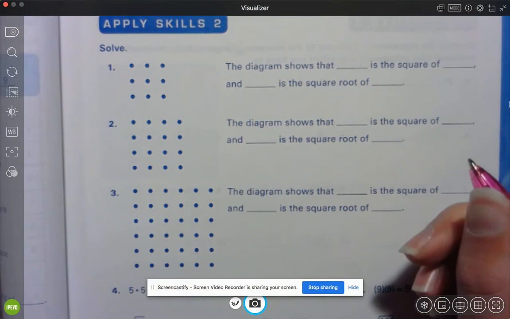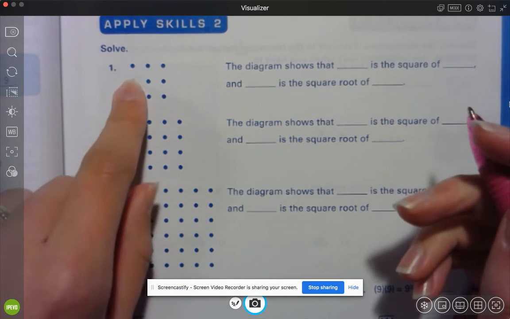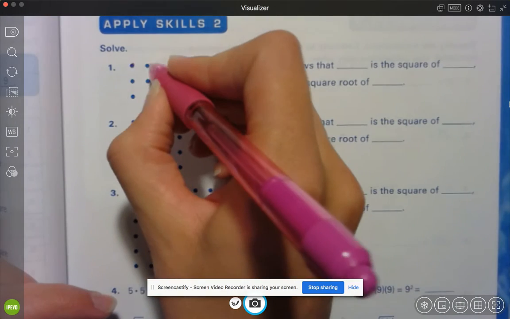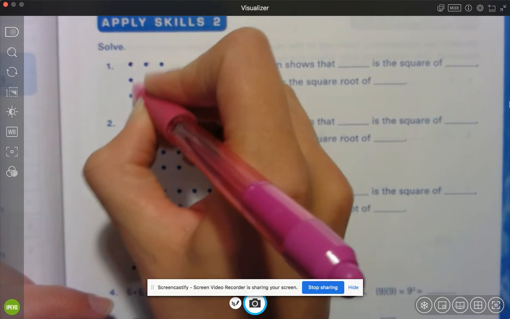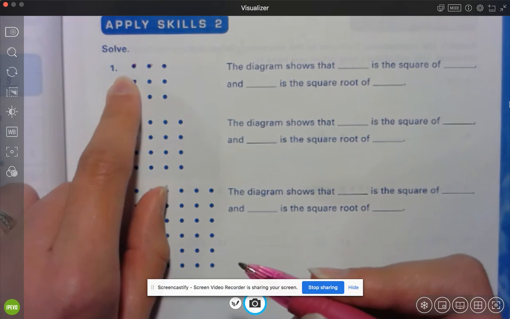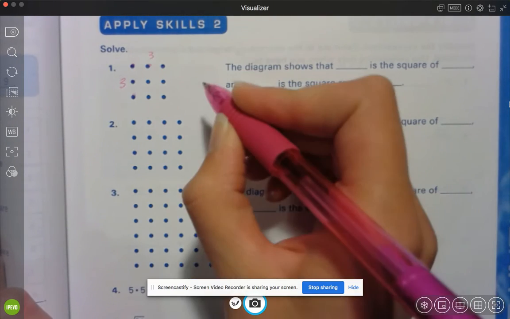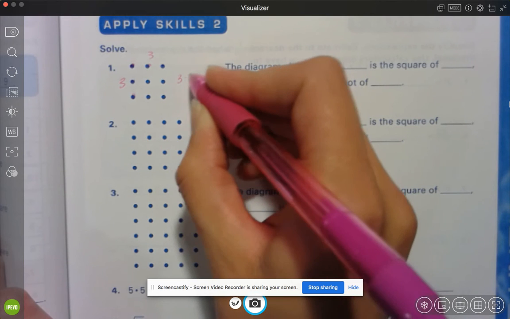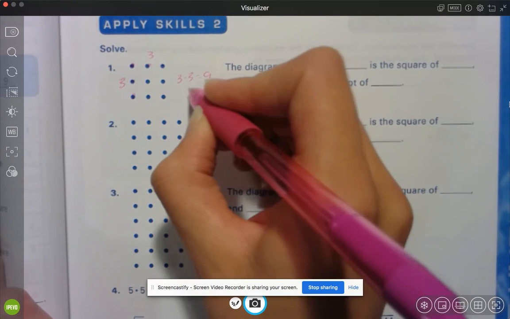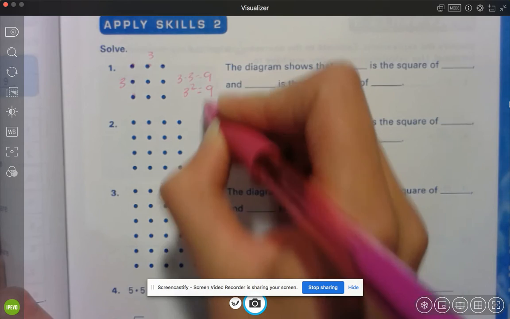All right, so what we have is there's 3 dots on one side, 3 dots on the other. So the area of this, or how many dots there are, would be 3 times 3, right? And 3 times 3 equals 9. Or 3 squared equals 9.